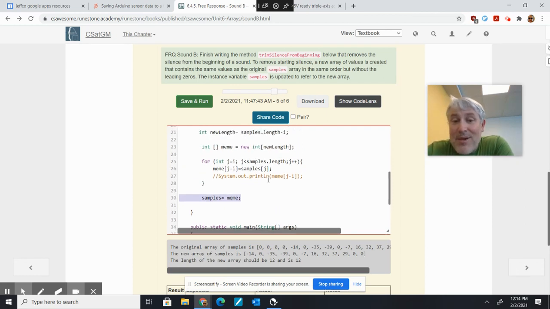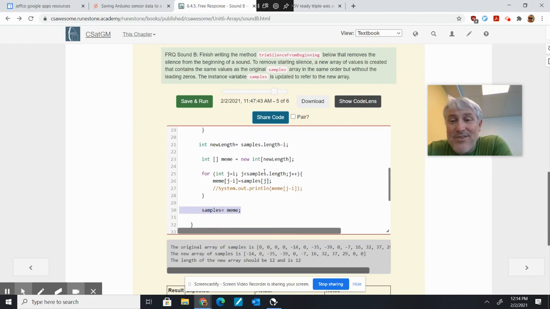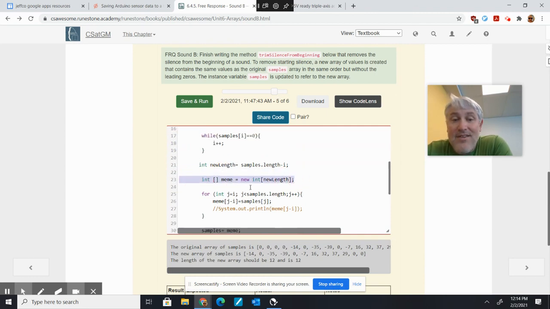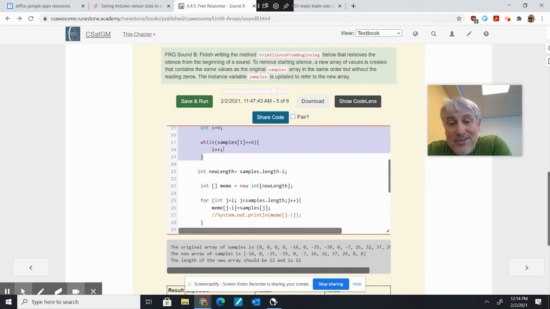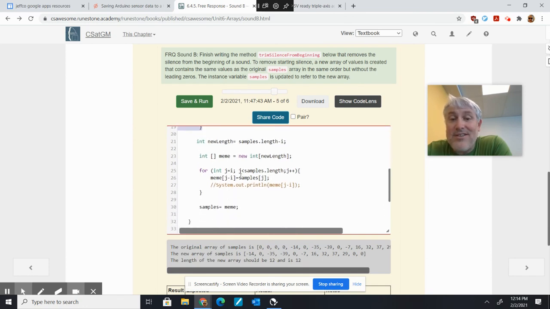So you're going to be doing this by paper. If you can't remember something, it's okay. Like if you can't remember how to make a new length, it's not going to kill you. The idea is that you want to get the big points. You get, well, I need to see how many zeros there are, and then I need to start over and plug it in there.